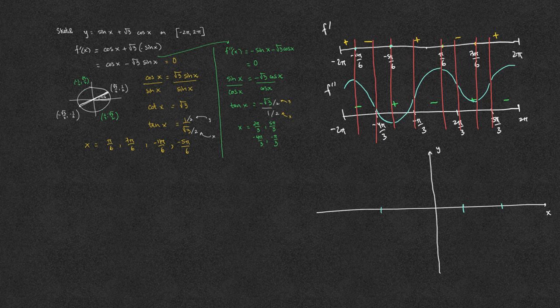So we know that the graph will cross the x-axis at these points.